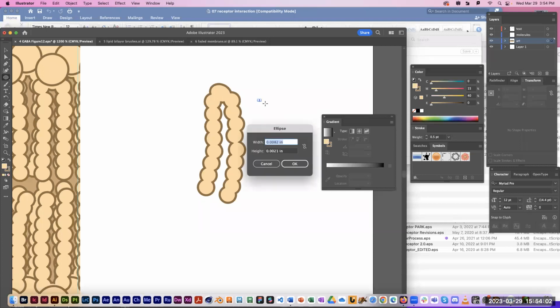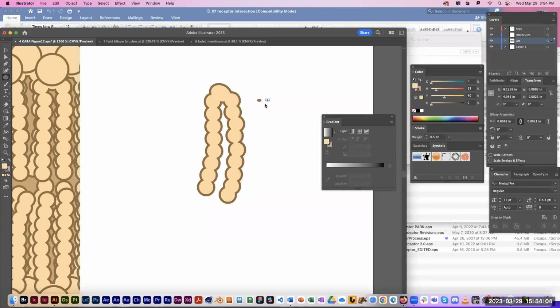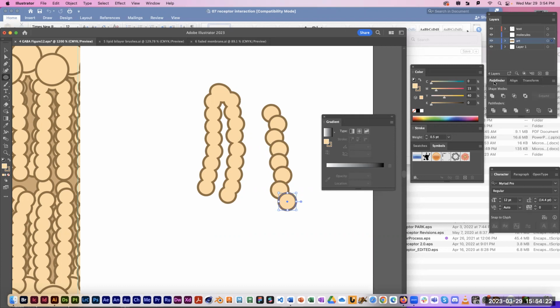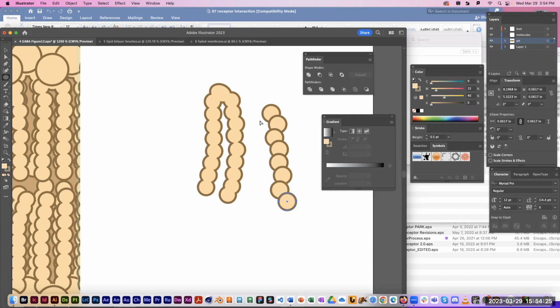That's not what I wanted to do. So, if you have a bunch of circles like this, and you want to merge them all into one shape, you need to bring up your Pathfinder palette, select them all, and choose this unite option from the Pathfinders, and it merges them all into one shape.